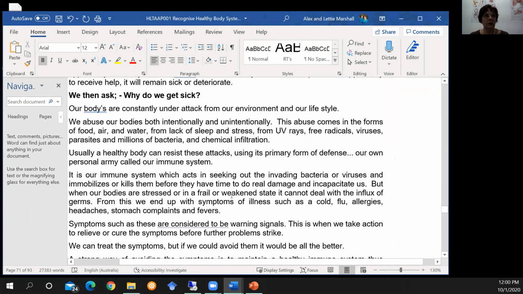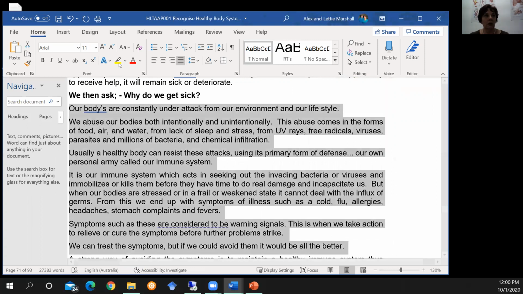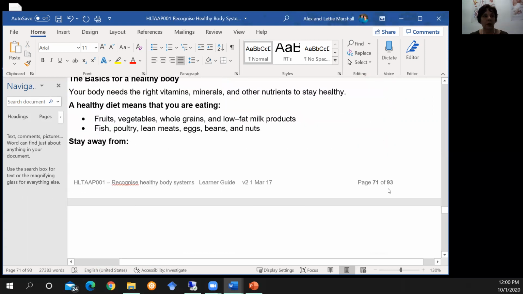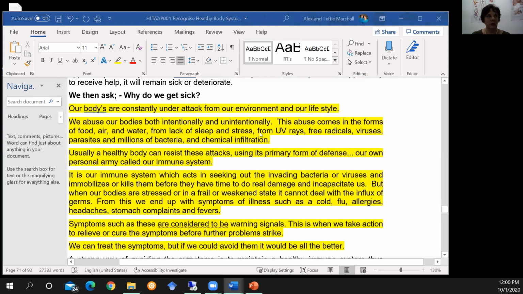Why do we get sick? Our bodies get sick. On page 71, our bodies get attacked from the environment, from our lifestyle.